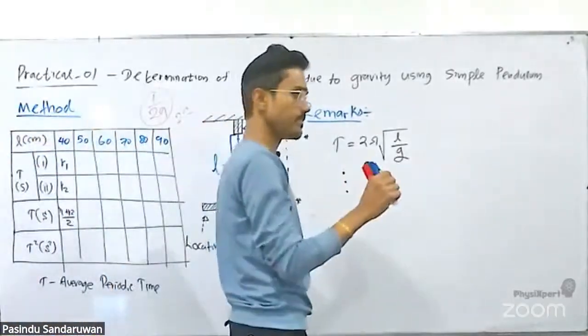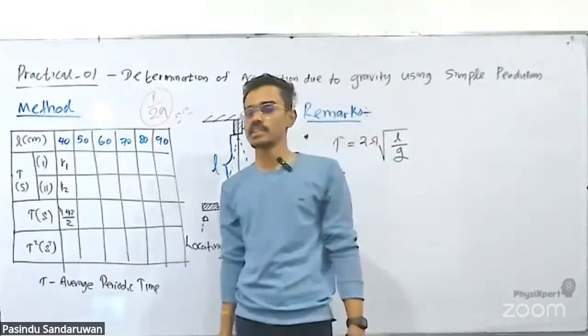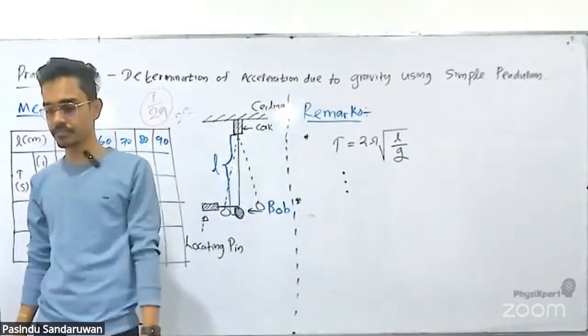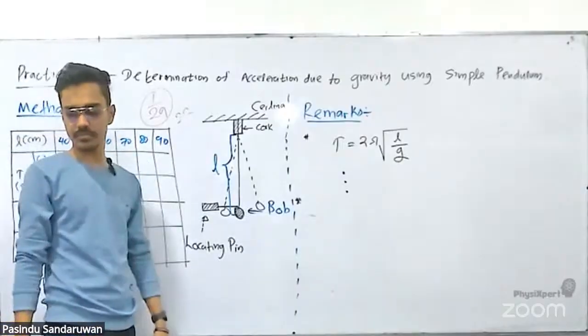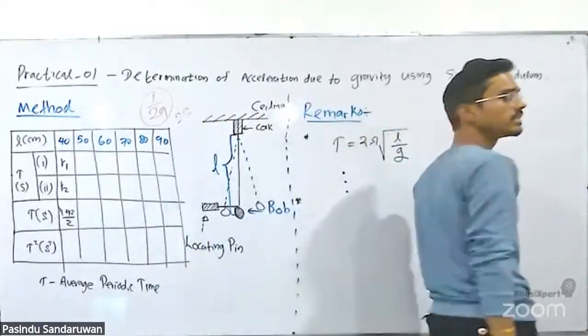Right? For the same point, generally 25 oscillations. Next point.